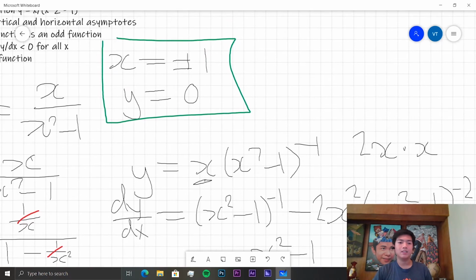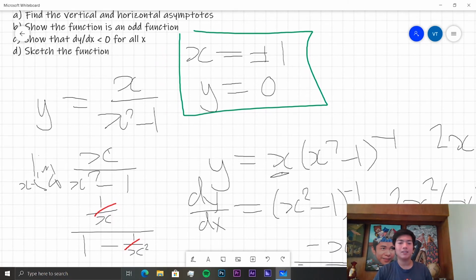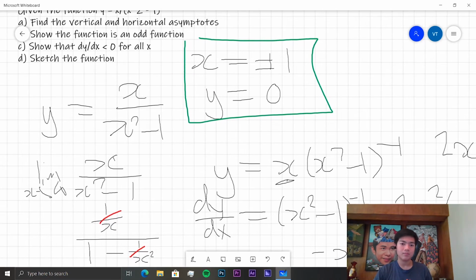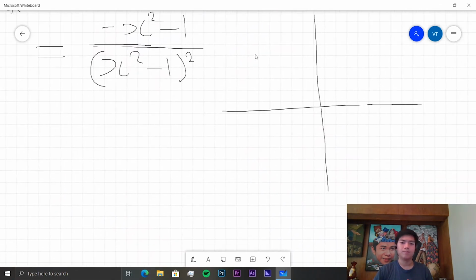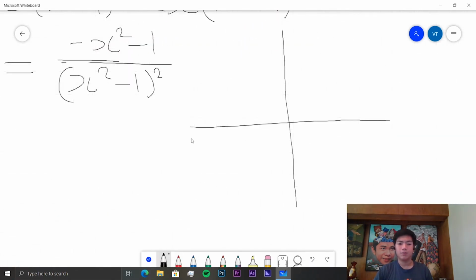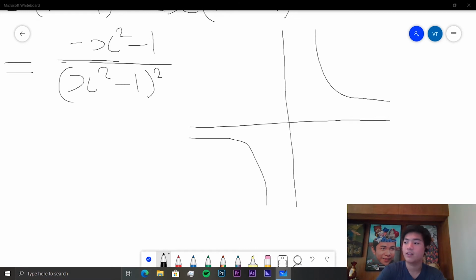If we were to sketch this function with asymptotes at x equals plus or minus 1, y equals 0, it would probably look something like this. But let's check that using a graphical calculator. So x divided by x squared minus 1. Interesting.